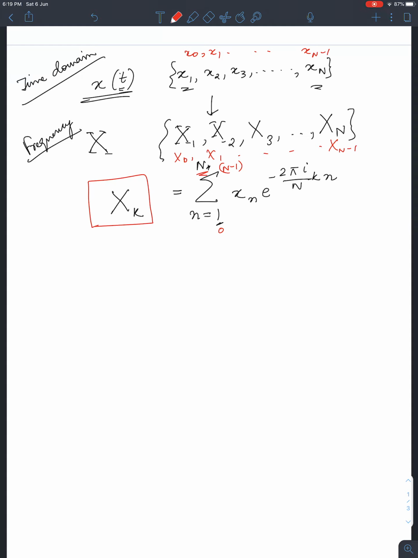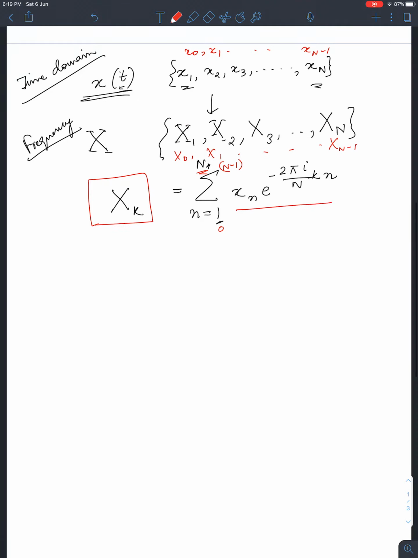So we can find each part of X k, which is nothing but a function, and which has now a real part and an imaginary part. What is the real part of this capital X k? That is equal to the summation n goes from 1 to capital N of x n cos of 2 pi k n over capital N. So it's the sum of all the small x n values into cos of 2 pi k n over N. And what is the imaginary part of this value?